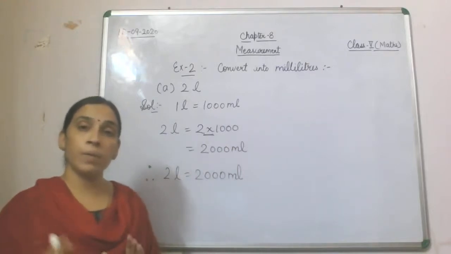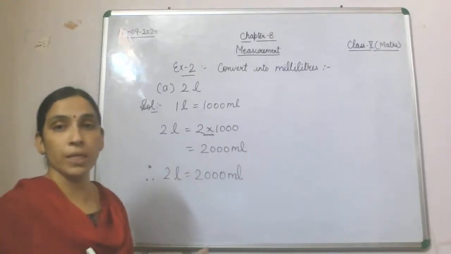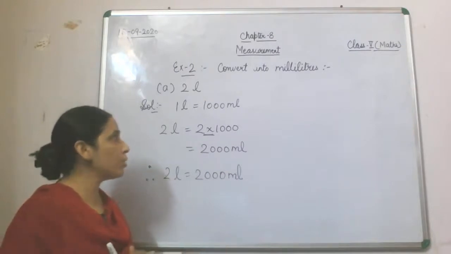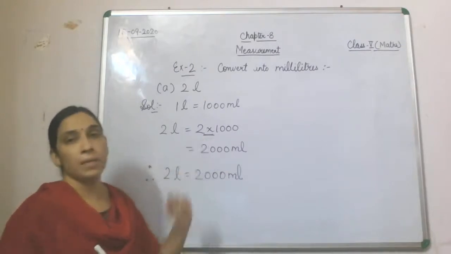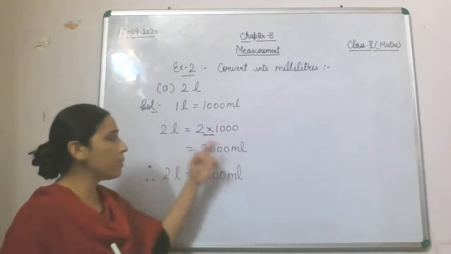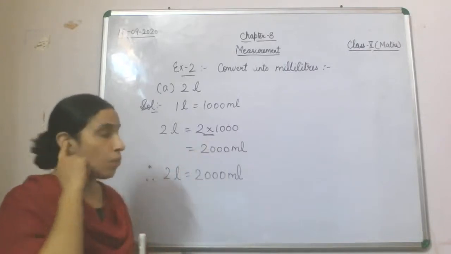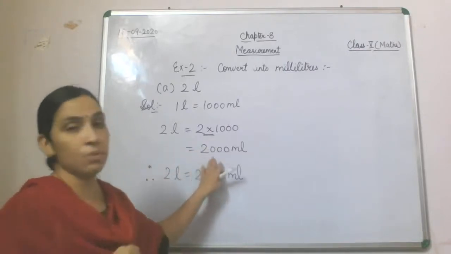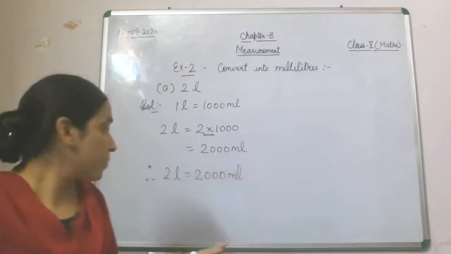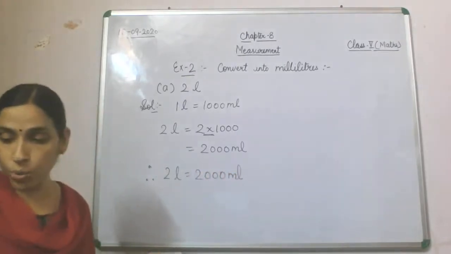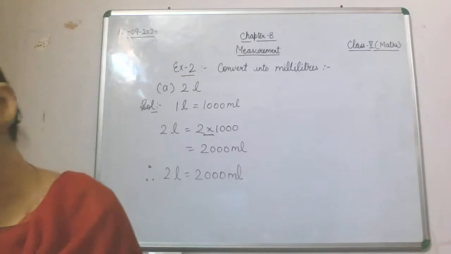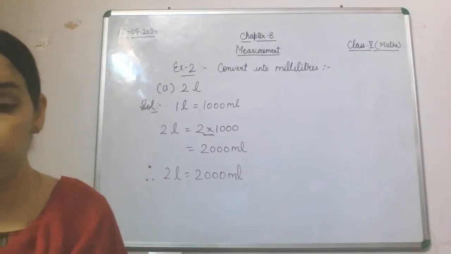So 2 will be multiplied by 1000. What you are getting? You are getting 2000 milliliter. So what is the answer? Therefore 2 liter is equals to 2000 milliliter.